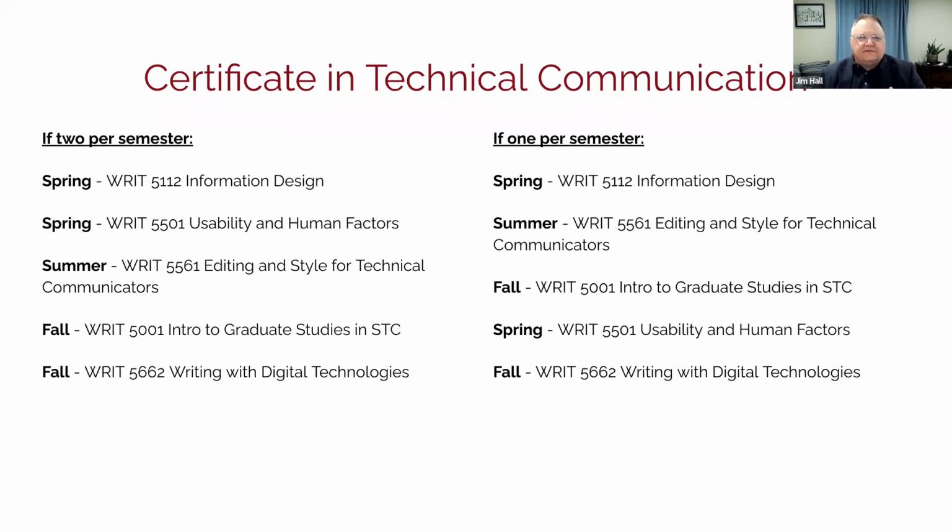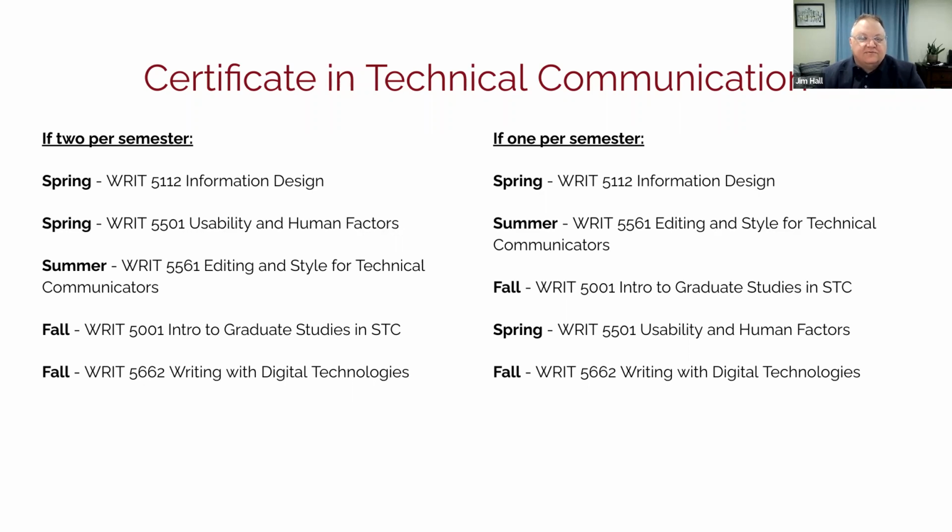Now, in terms of how quickly you can run through the program, I would say probably half of our students choose to take 1 course per semester, and about half take 2 per semester. It really comes down to your comfort level in terms of how you're going to balance your work and life while managing your schoolwork. Students who take 2 courses per semester might take 5112, Information Design, and 5501, Usability and Human Factors in spring.